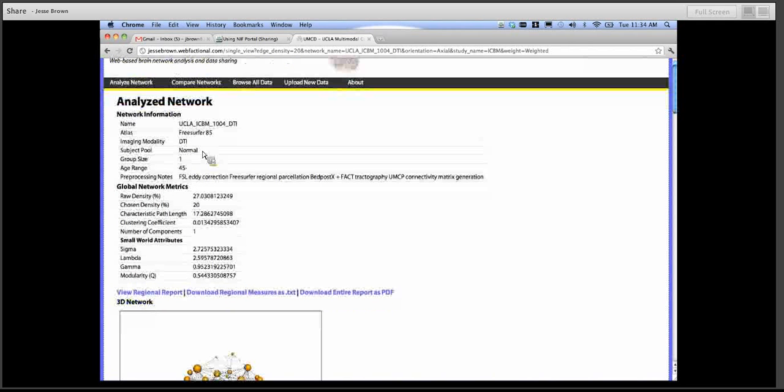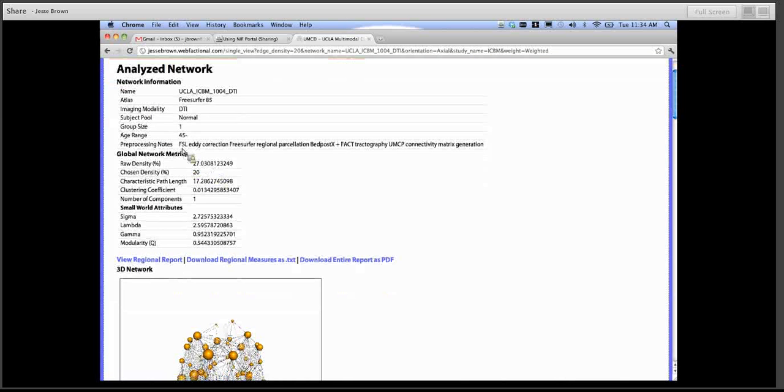The data is DTI. This was a normal subject. The group size means that this was an individual rather than an average across several subjects. The age range was just 45 because that's the age of the subject, and then there are also some pre-processing notes on how we pre-process the data in order to derive the matrix. In this case, you can see that the raw density of the matrix before we applied a threshold was 27%. Our chosen threshold was 20%.